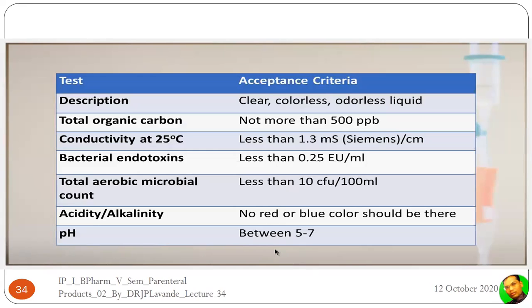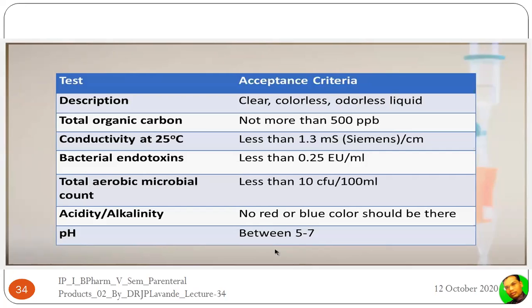As far as bacterial endotoxins are concerned, their concentration should be less than 0.25 endotoxin unit per ml. And the total aerobic microbial count should be less than 10 colony forming units per 100 ml.